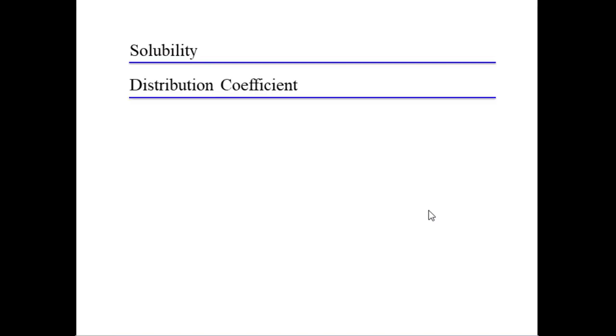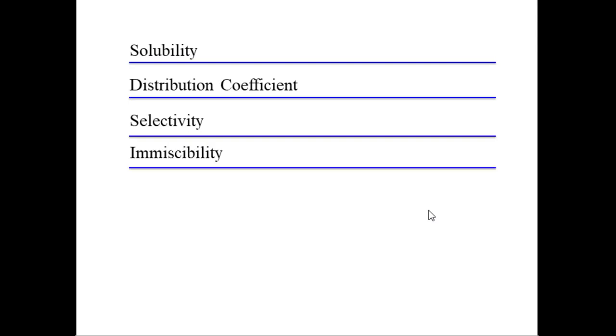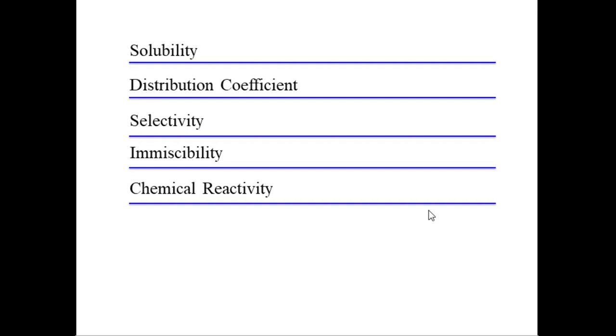So I'll just list the properties and we can discuss each of the properties a little later. So number one, it's about solubility. Number two, it's about distribution coefficient. Number three, selectivity. Number four, immiscibility. Number five, chemical reactivity.